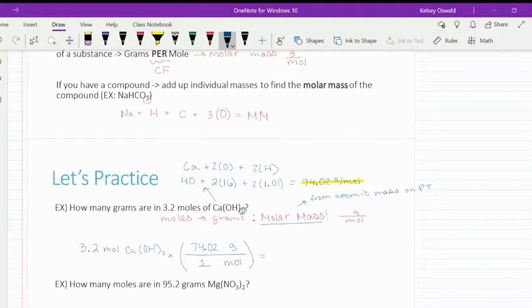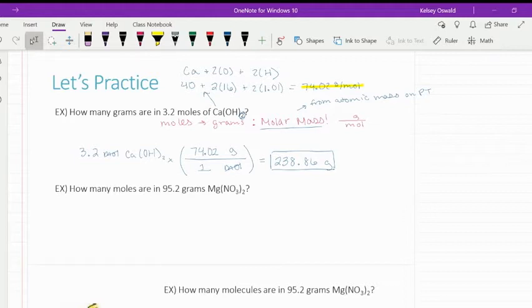So then in my calculator, we multiply by everything on top. So do 3.2 times 74.02. And we find 3.2 moles of calcium hydroxide has a mass of 236.86 grams. Moles on top, moles on bottom canceled out, leaving us with grams.